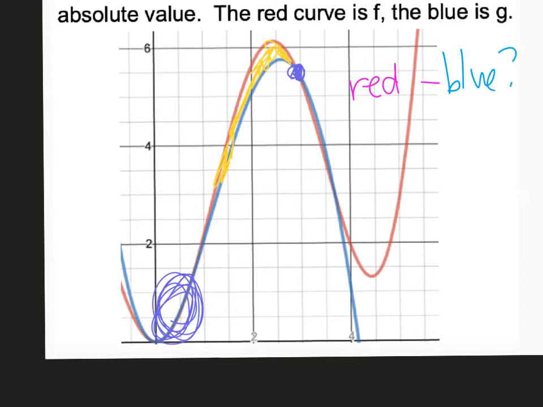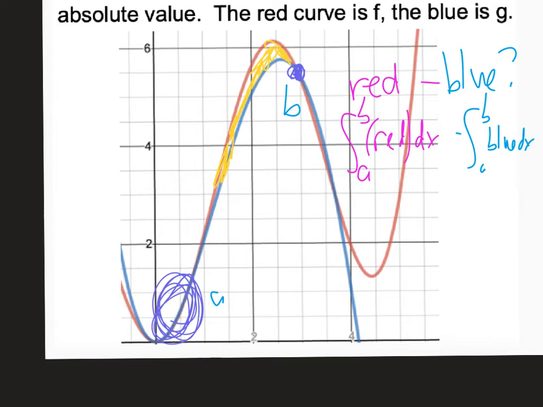Wouldn't that work? So I would integrate the red from, say, a to b, and then subtract the integral of the blue from a to b.